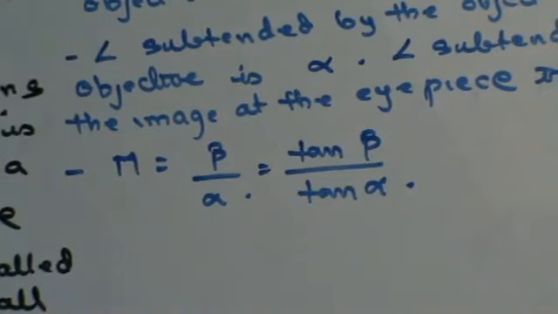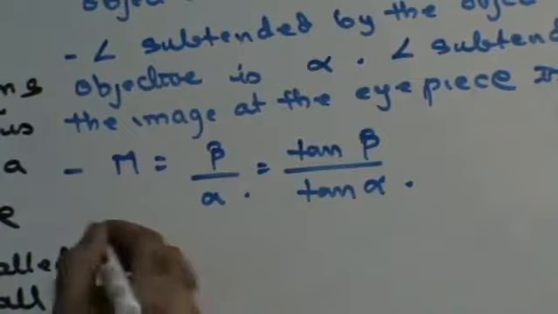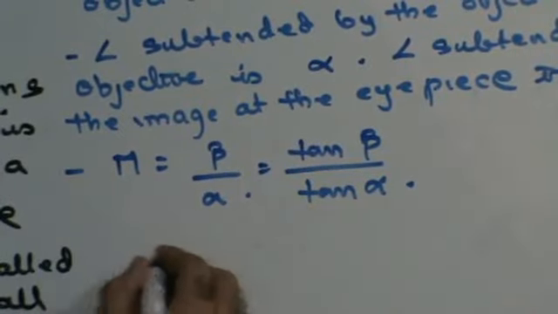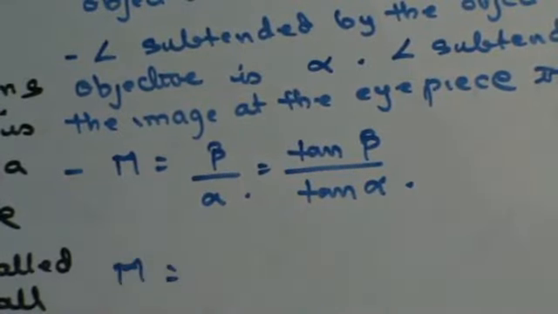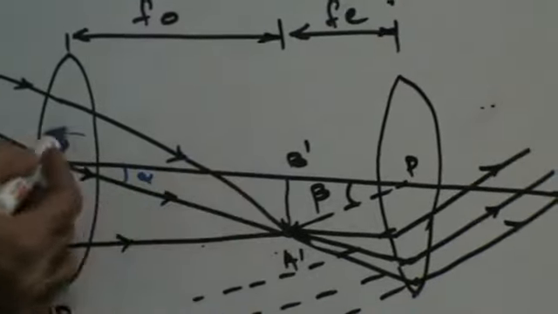Now, since alpha and beta are very small, first of all, guys, can you see the figure? If this angle is alpha, vertically opposite this angle will also be alpha. Tan is nothing but opposite upon adjacent. So this is going to be tan alpha.